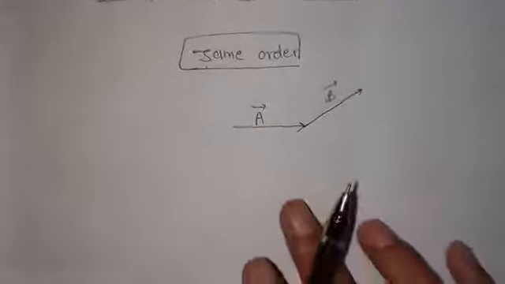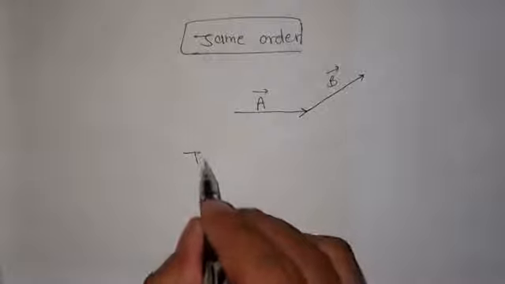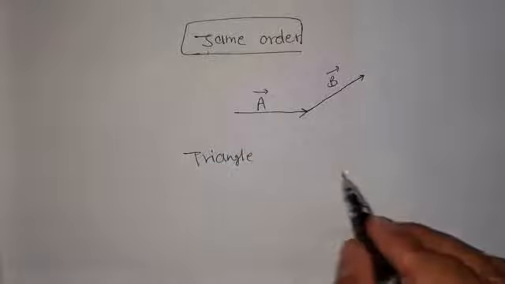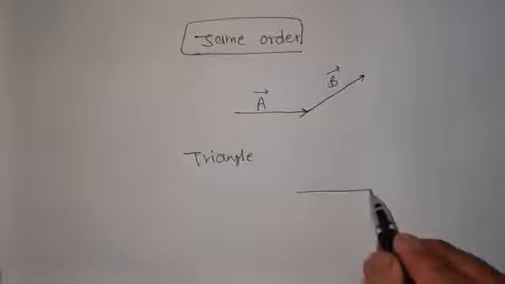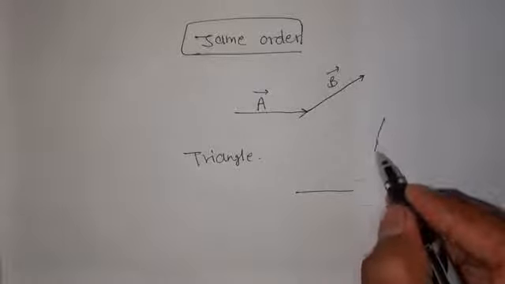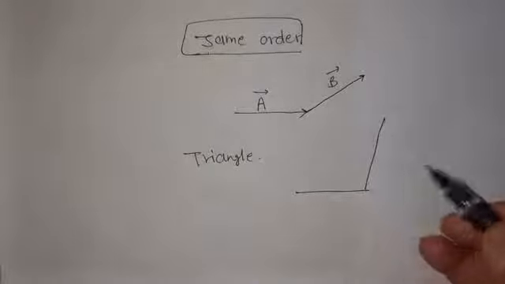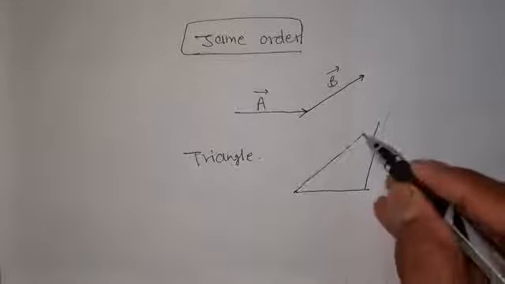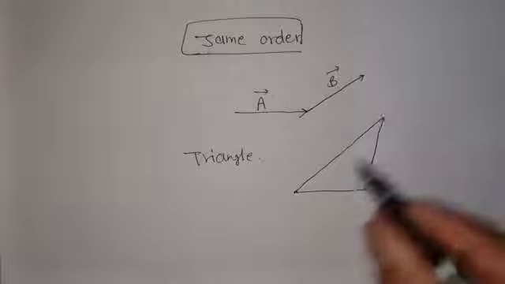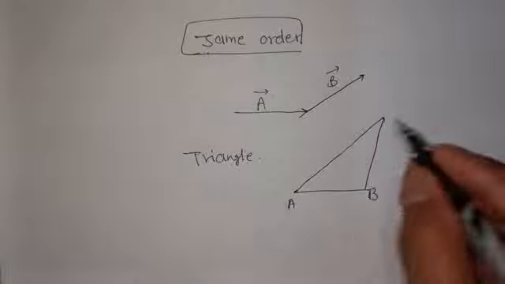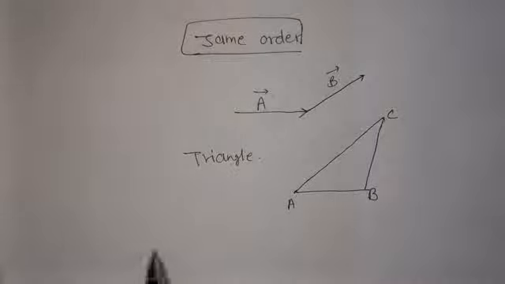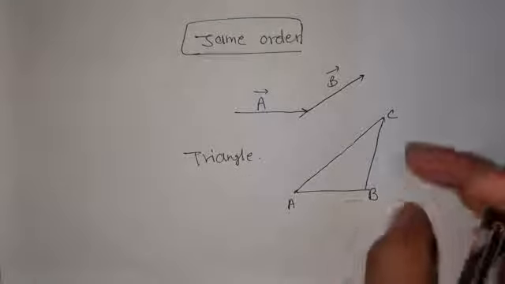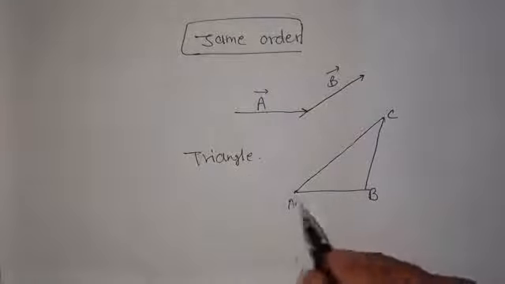Now the second thing, the triangle. As all of us know, a triangle has three sides. Triangles are of different types, such as right angled or acute angled. Let it be the triangle ABC. We will arrange the two vectors in the form of a triangle, in same order.